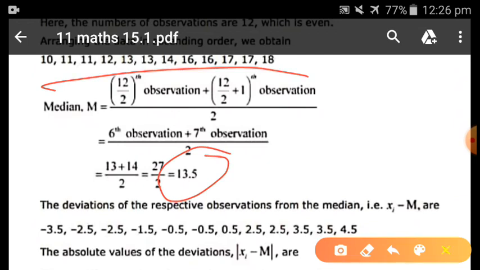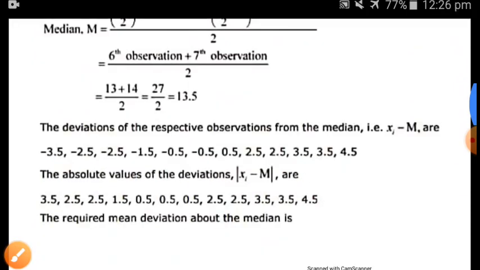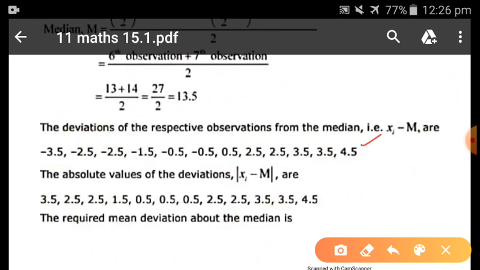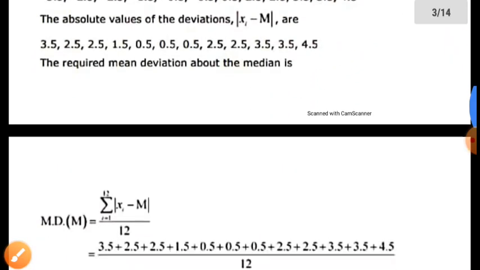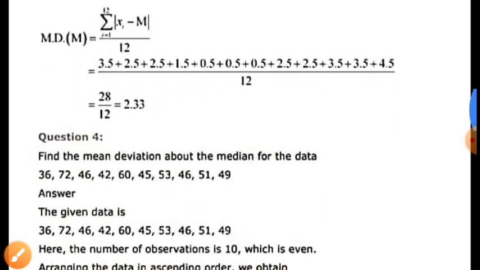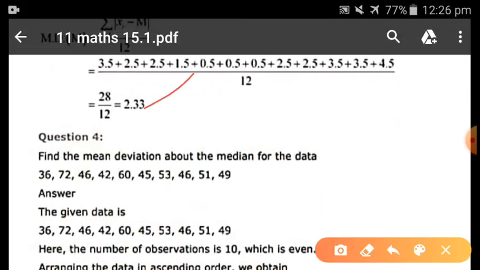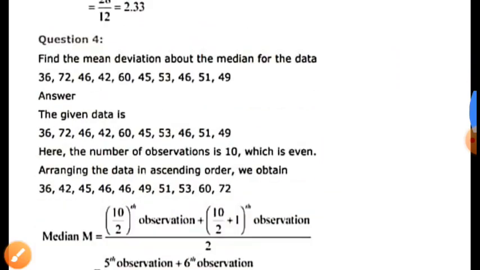You will get these values, and taking their modulus without negative signs, these are the values you get. To find the mean deviation about the median, all the values should be added and divided by the number of observations, that is 12. Then the answer you get is 2.33.